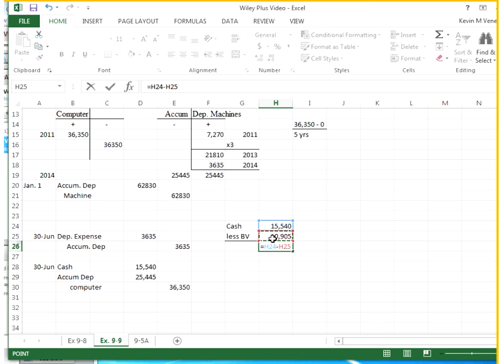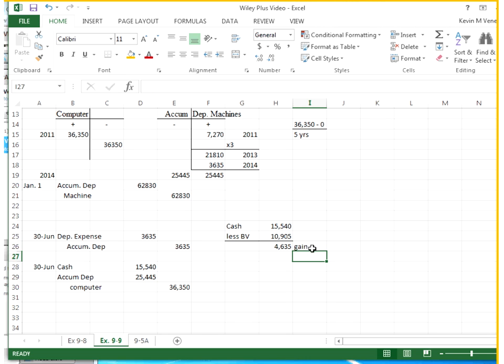If I bring in more than it's worth, that means I got a gain. And gains are treated very similar to a revenue. Whereas revenues are always a credit, so are gains. Gains are always a credit here. So I'm going to credit my gain on disposal for the $4,635. And if I add up my credits, they now equal $40,985, and my debits now equal $40,985.